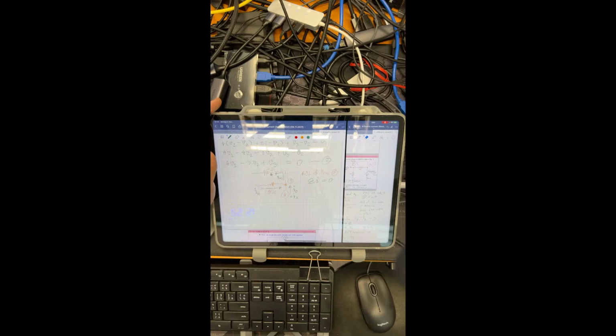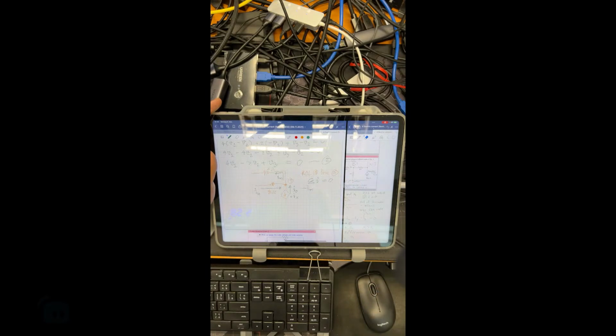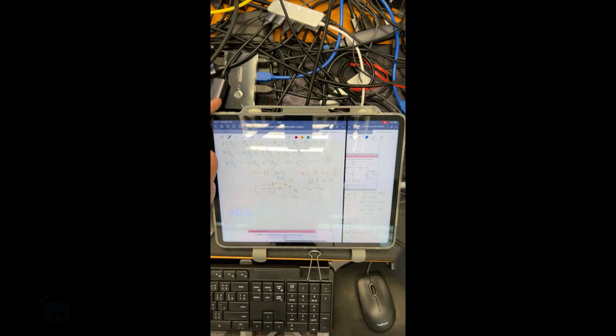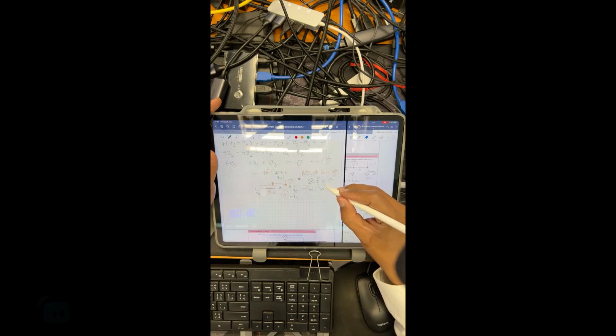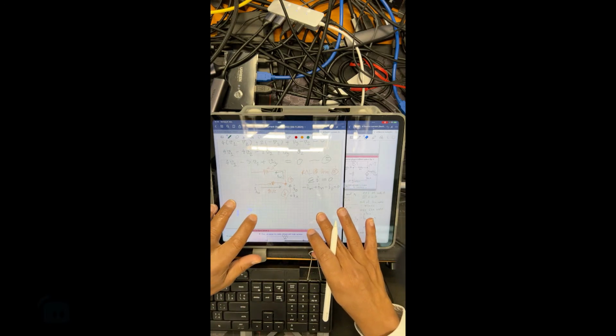IM is going out so it's minus IM, IN is going into so it's positive IN, IO is going into, so sorry, minus IO equals 0.